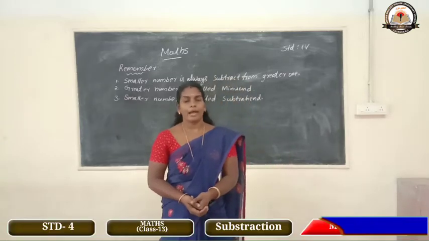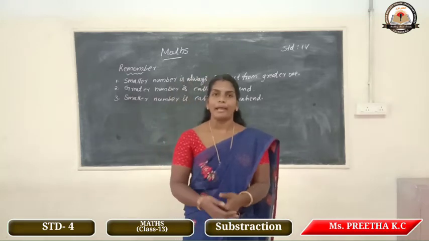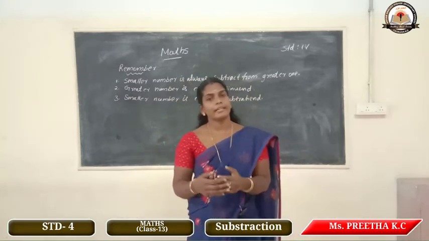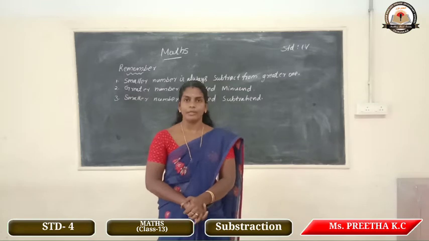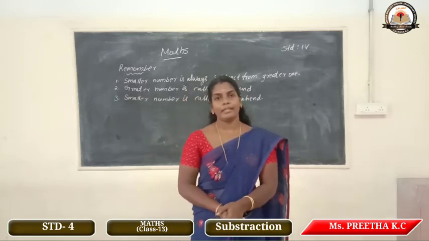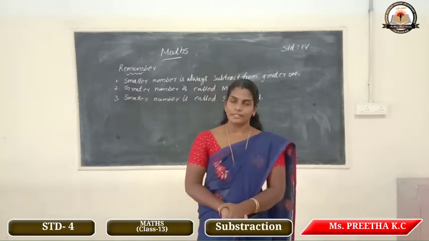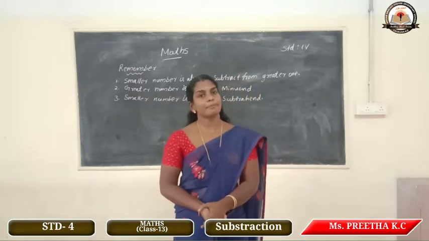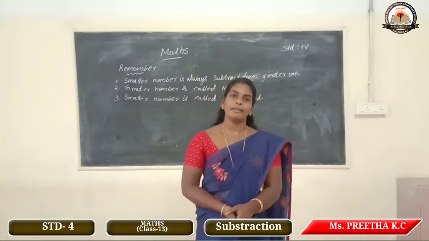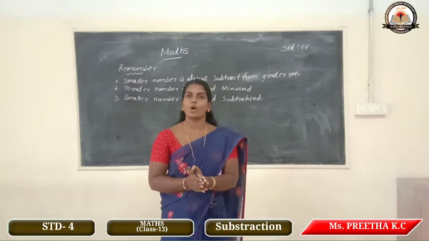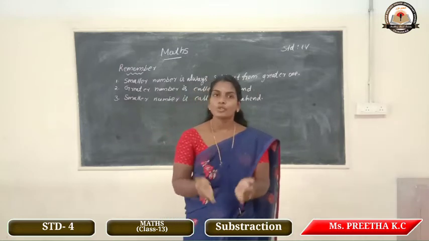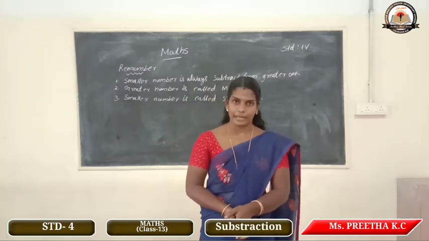Another point is that the greatest number is called the minuend and the smallest number in the subtraction is called the subtrahend. These are the main three points we want to remind when we are doing subtraction.